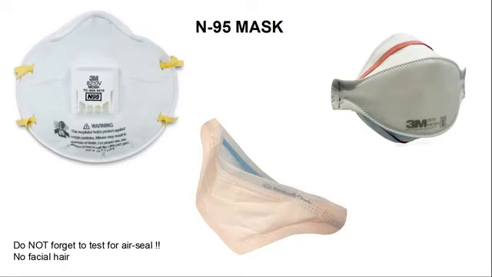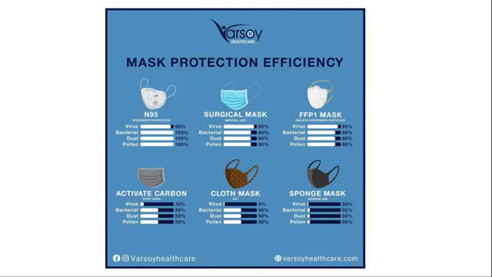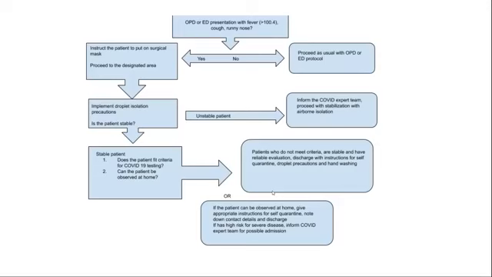If it's not airtight, then it's not 100% protective, and that's very important. No matter which mask you use, N95 or surgical mask, depending on the procedure, they're equally effective in protecting from viruses. The other masks, like cloth mask or sponge mask, nobody knows, but they are not that protective, but you can use them if you don't have any.